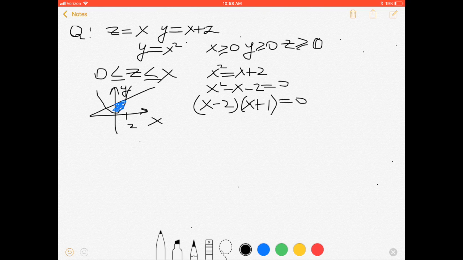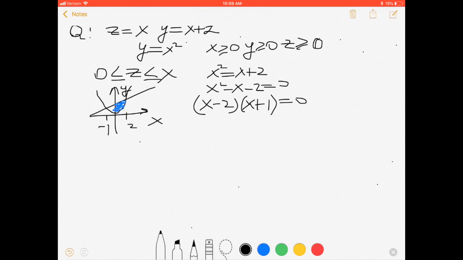It means I found two intersection points, 2 and negative 1. Oh yes, now we can write.